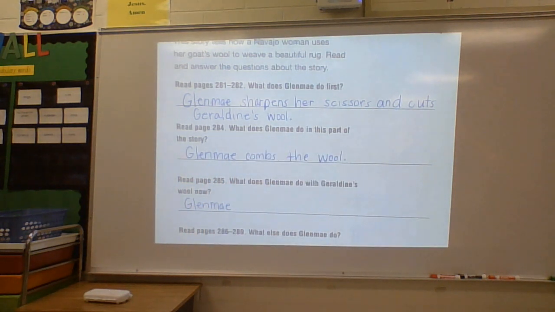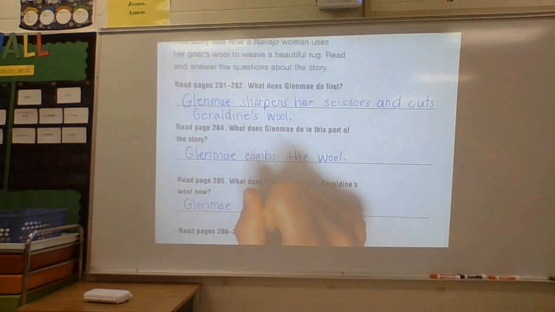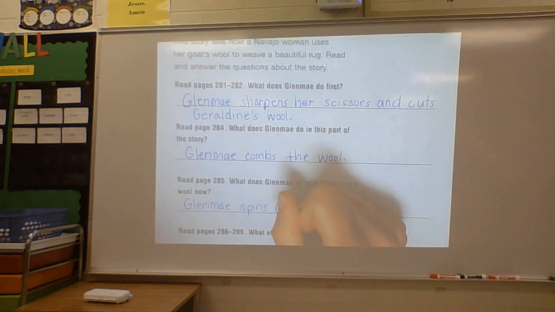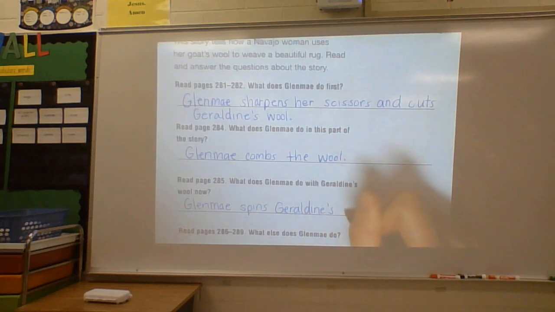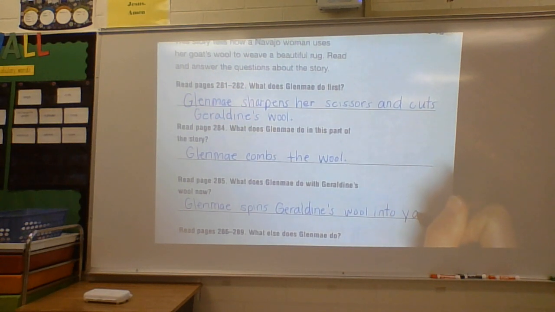What does Glen May do with Geraldine's wool now? Glen May, I'm going to add in what she does, spins Geraldine's, I like that name, wool into yarn, period.